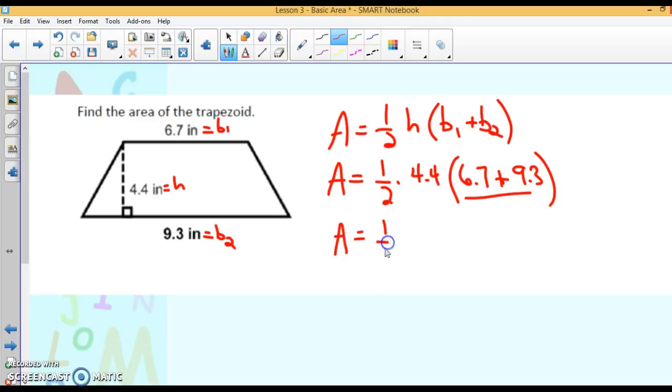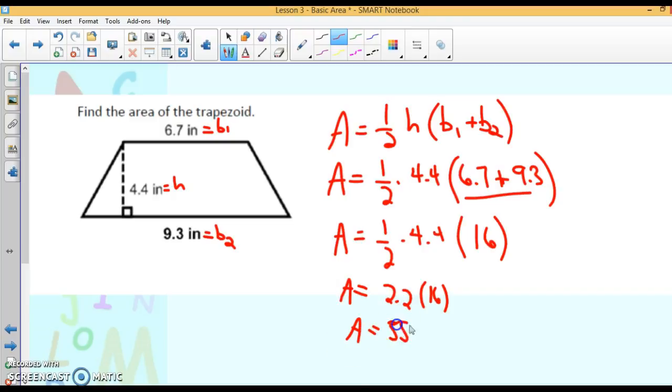So A equals 1/2 times 4.4 times the quantity 6.7 plus 9.3, which is 16. 1/2 times 4.4 is 2.2 times 16, which gives you 35.2. And it is square inches.